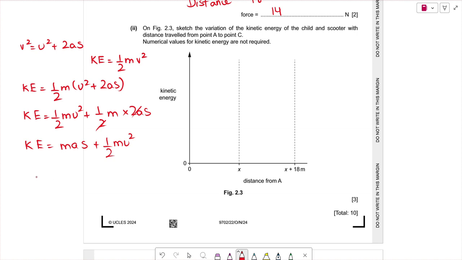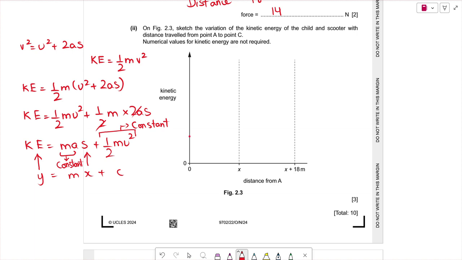Now, if I compare it with y equals mx plus c, we have plotted kinetic energy on the y-axis and distance on the x-axis. ma is constant, and since the initial velocity is constant, this term is also constant. Based on this equation, the kinetic energy against distance graph is going to be a straight line which does not pass through the origin, because his initial velocity is non-zero.